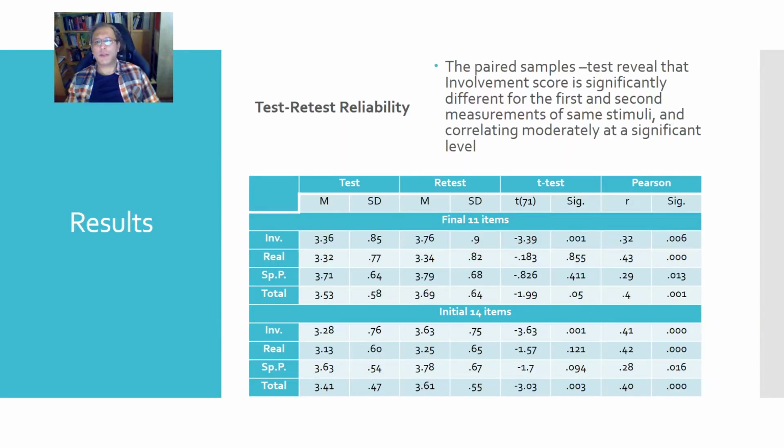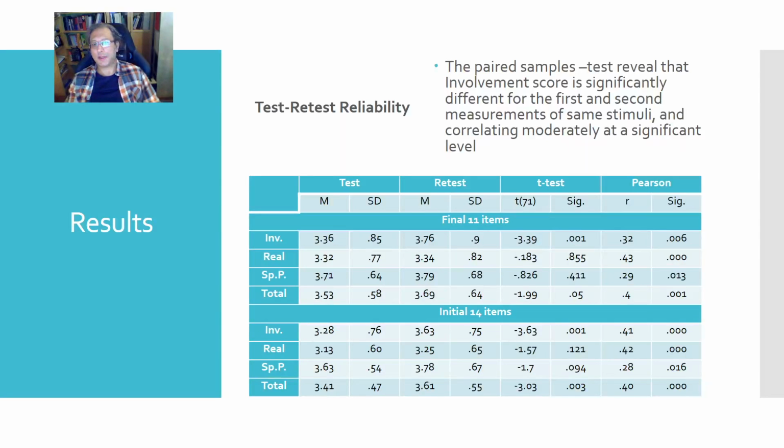However, there is a significant difference in involvement between the first and second sessions and the 11th and 12th sessions. The involvement score has increased on both tests, on both versions, whether the 11-item or 14-item version.